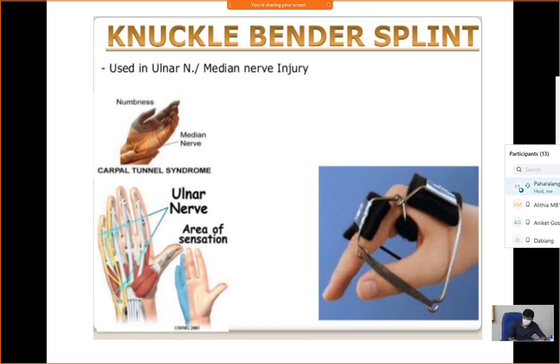And you can see it has flexed the metacarpophalangeal joint, and this is just opposite to the cock-up splint. Just remember the name, knuckle bender splint. You can make it out from the name only. It will bend your knuckle.